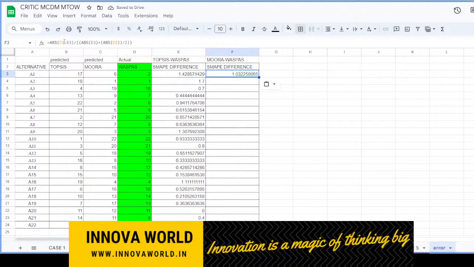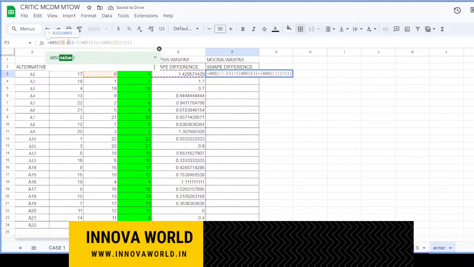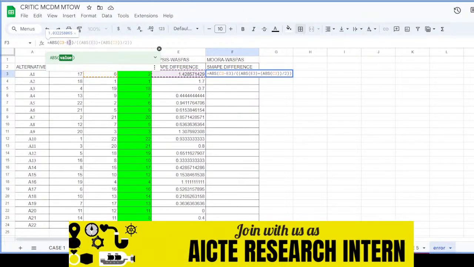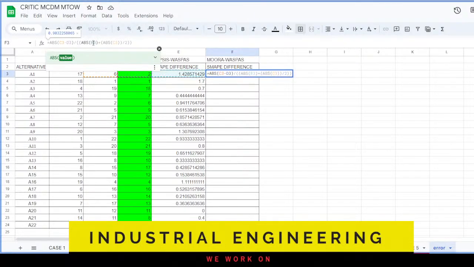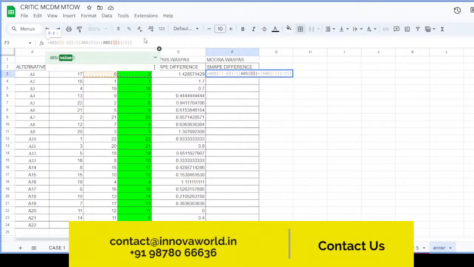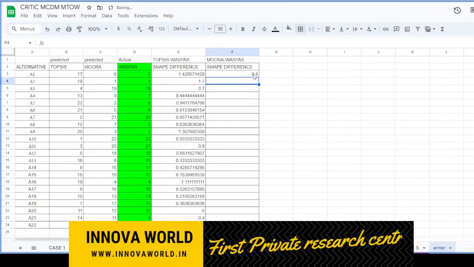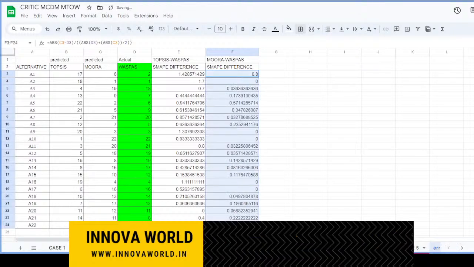To simplify, I have done it. Here I am going to change it to D. This is C. As you can see, I just change the cells, and as the formula is already developed, I just drag and drop.